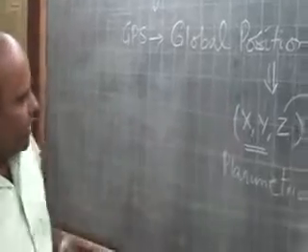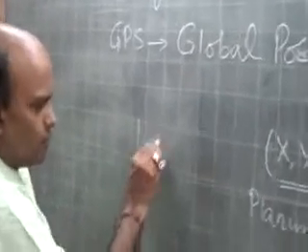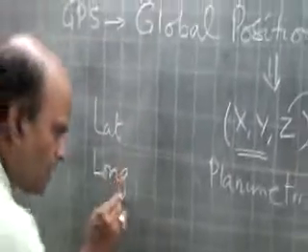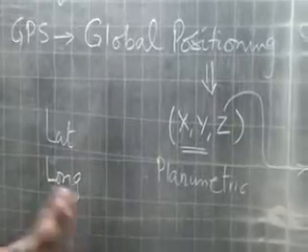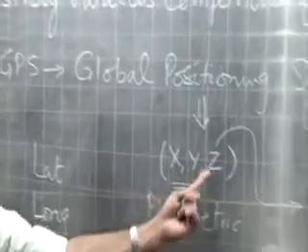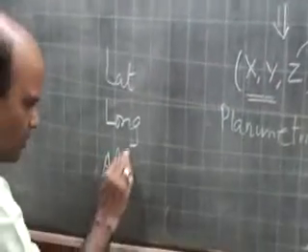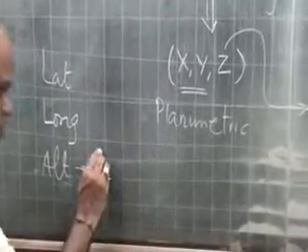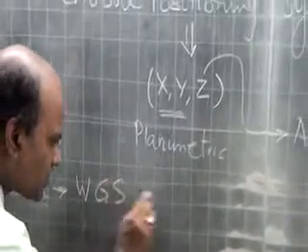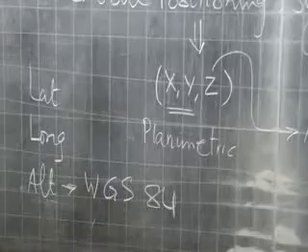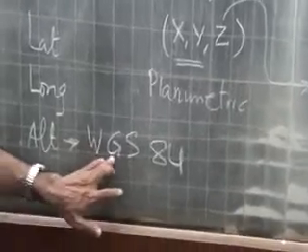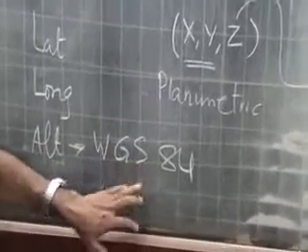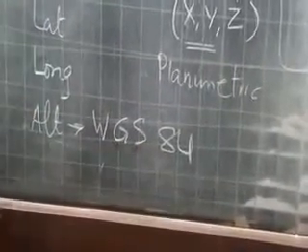Now x and y it will give in terms of latitude and longitude, in degrees, minutes and seconds. Altitude value z it will define with reference to a datum called the WGS 84 datum, World Geodetic System. This datum was devised in 1984.